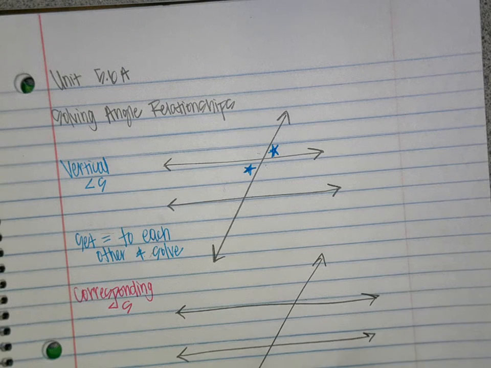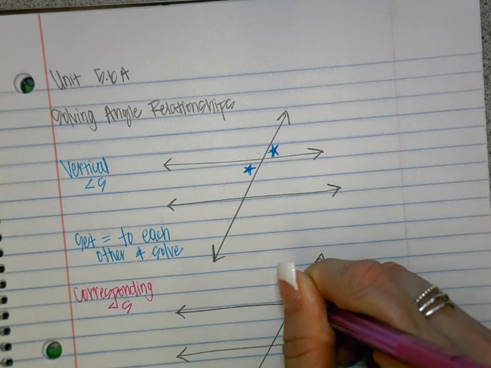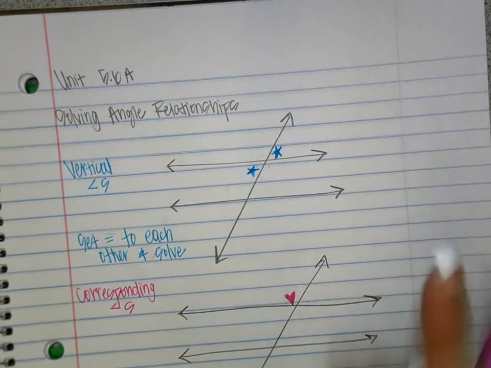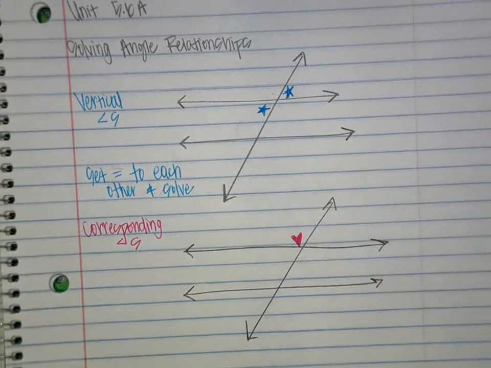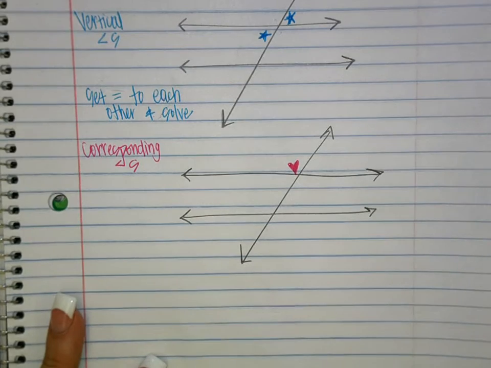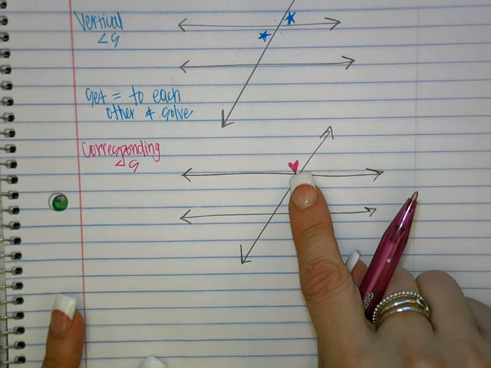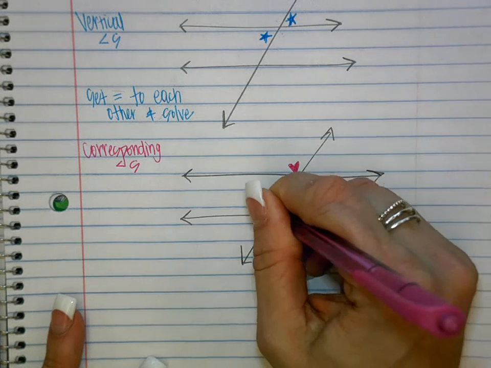Corresponding angles are the exact same thing. Let's say this one right here, I'm going to draw hearts, because I want to, you don't have to. Where would the corresponding angle be with that? The corresponding angle here is basically you just skip a line. You skip over the line and it would be on top of the next one.